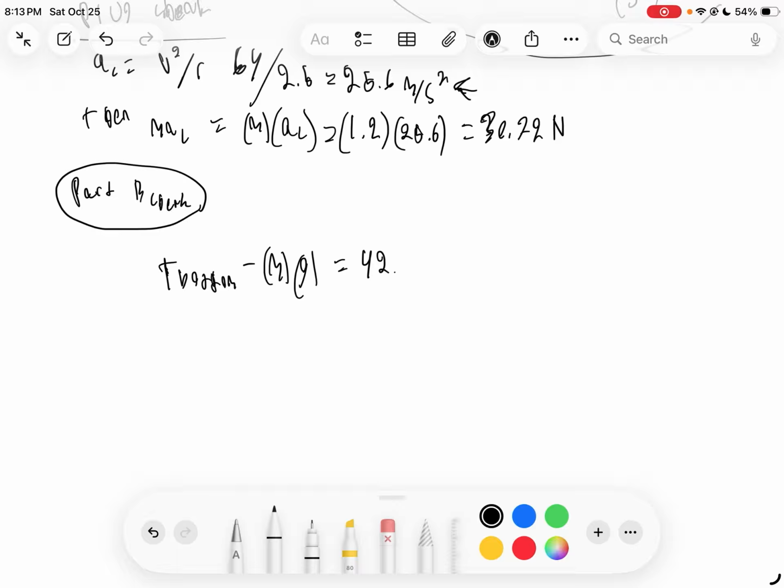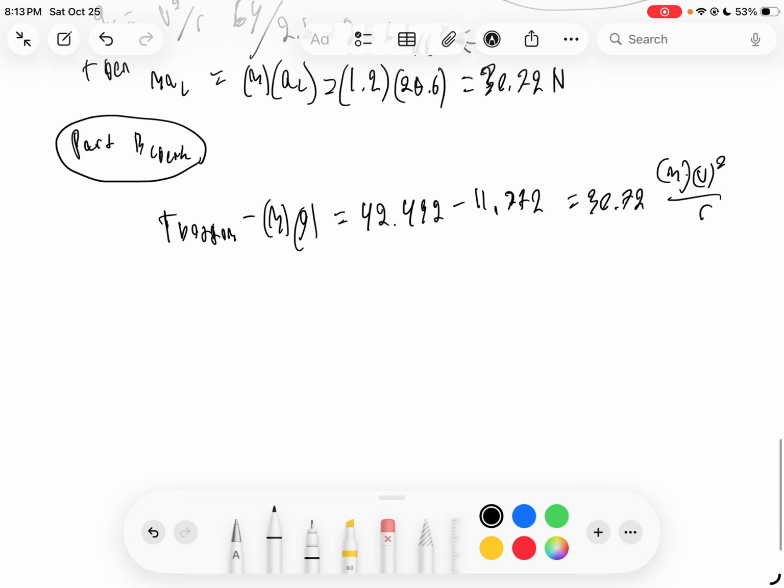So 42.492, which we found for the tension at the bottom, minus 11.772, which comes out to 30.72, which is equal to the mass times velocity squared over radius. So that's a really simple check.